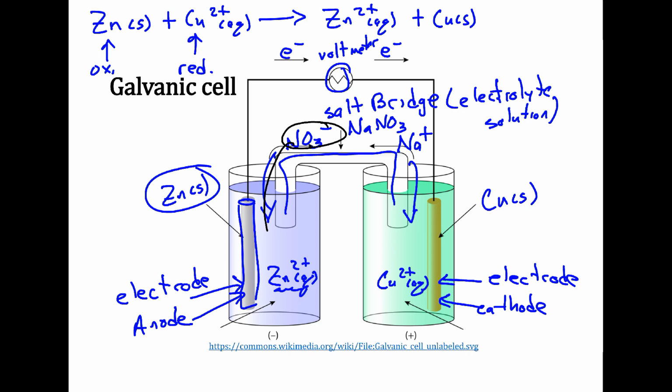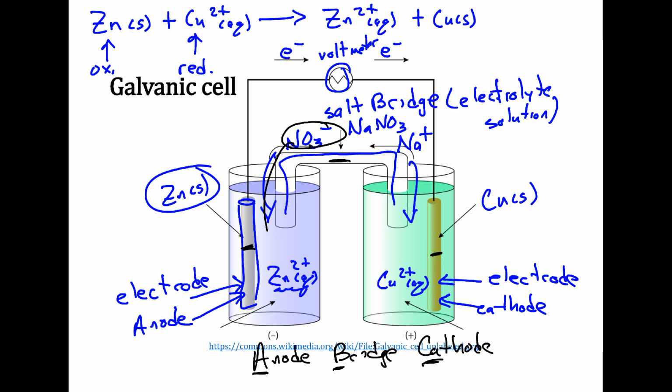If you're trying to figure out how to draw this, I like to think of it as my ABCs. You have your anode, you have your salt bridge, and then you have your cathode. So see how you have anode, bridge, cathode. You have to know your ABCs. If that's not sticking with you, or if you're trying to figure out which one goes at the anode, is it the oxidation process or the reduction process?